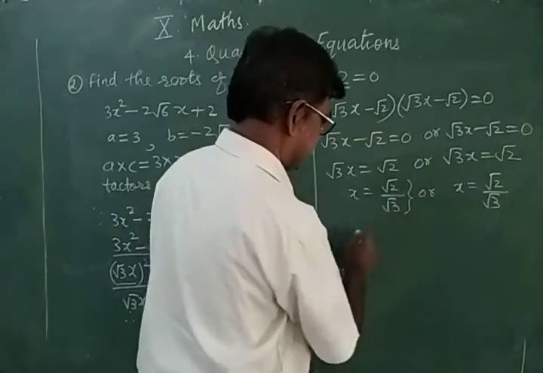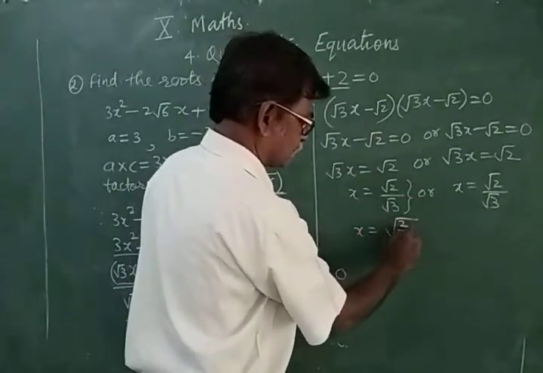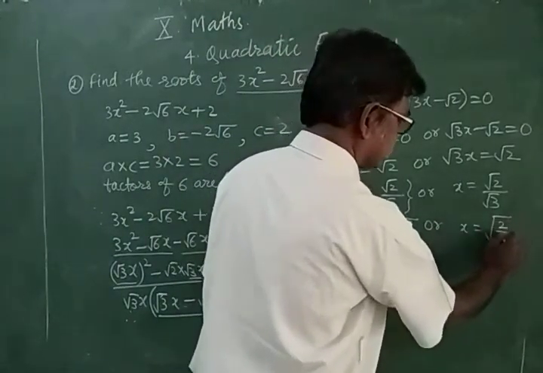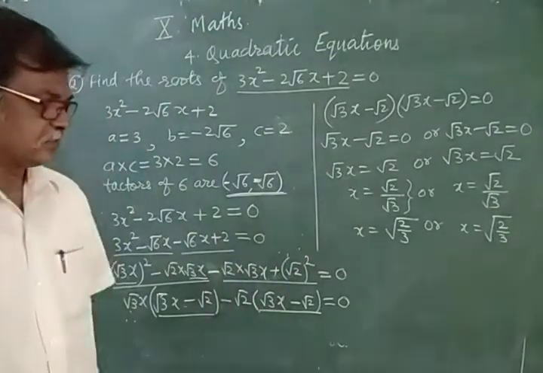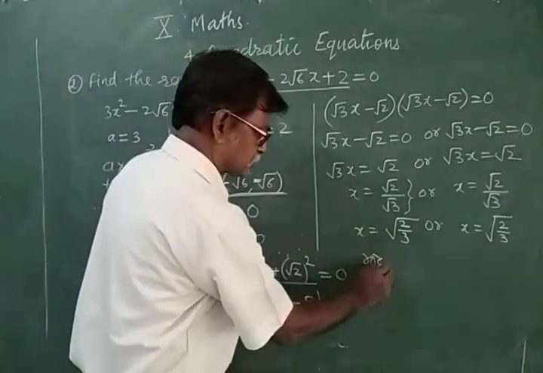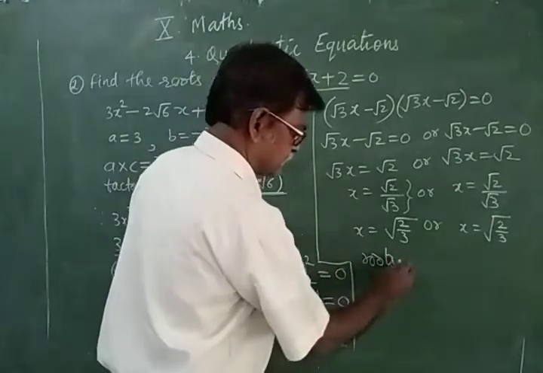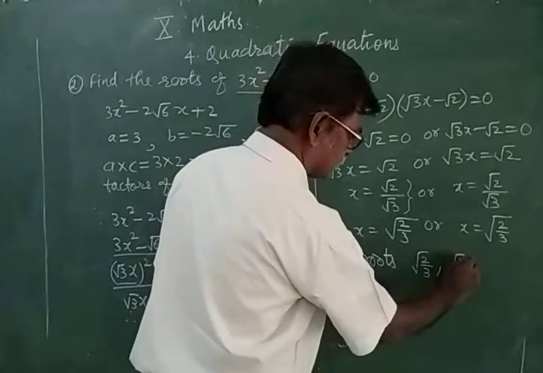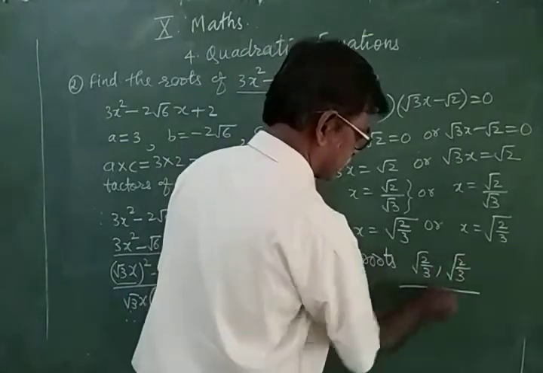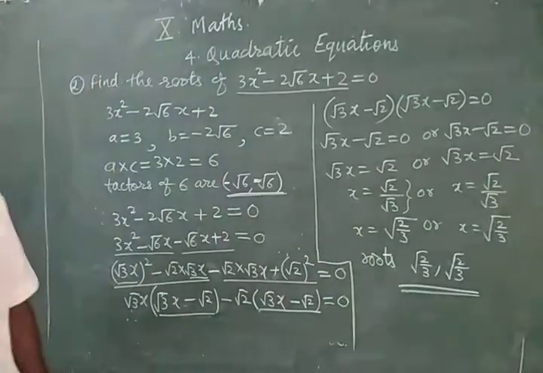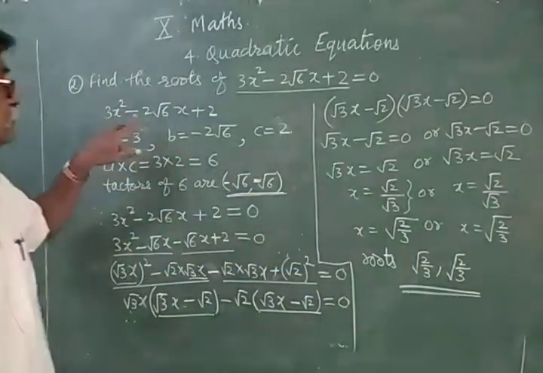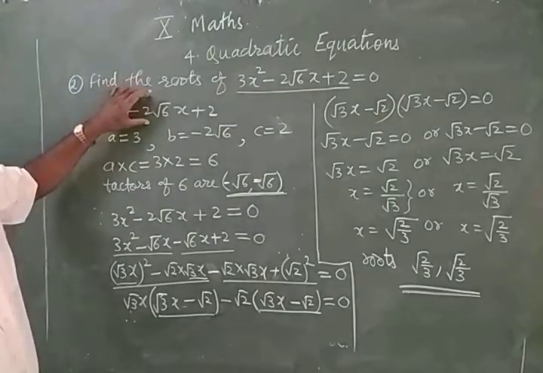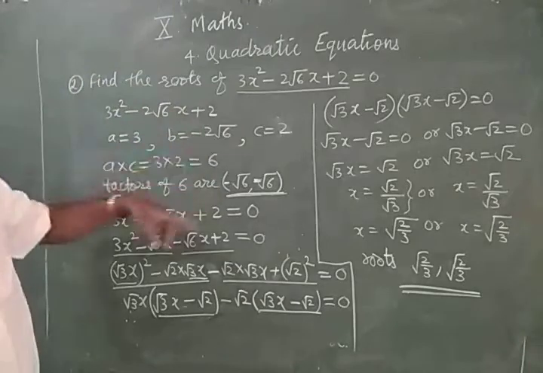And this is written as root 2 by root 3. Two equal roots, and therefore the roots are root 2 by root 3 and root 2 by root 3. These are the roots of this quadratic equation. First we have considered the quadratic polynomial, factorized it, and accordingly solved.